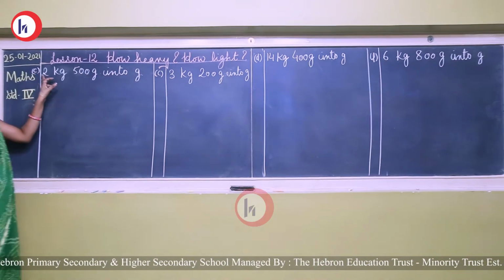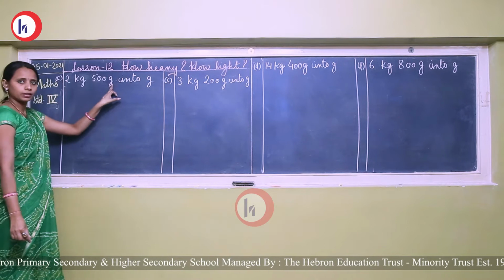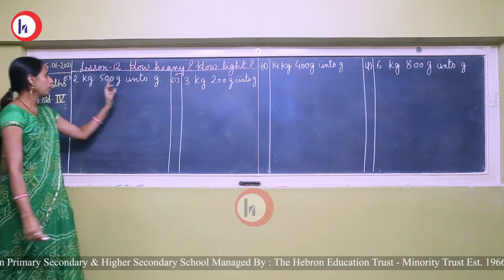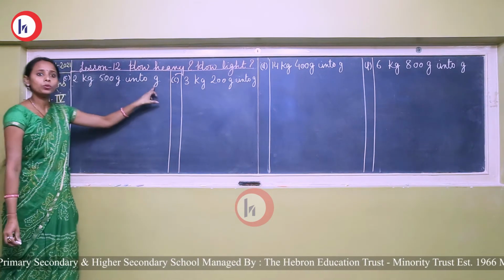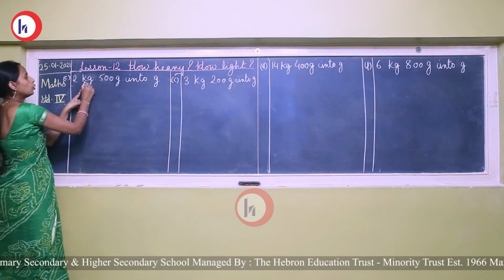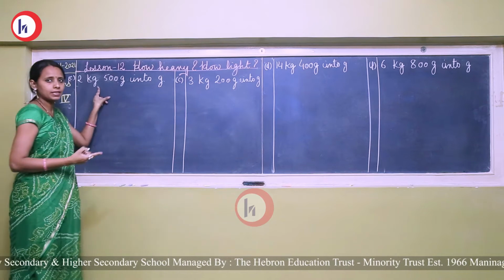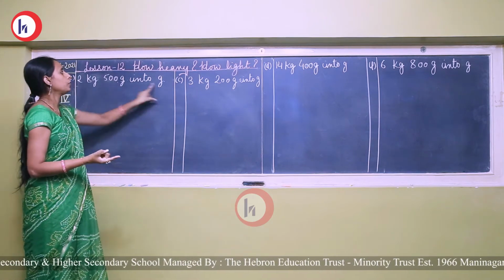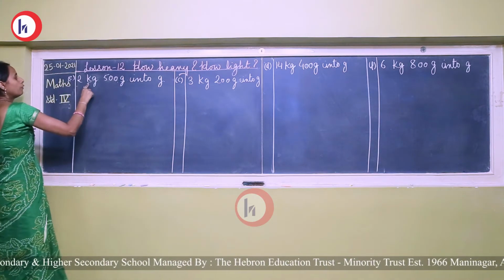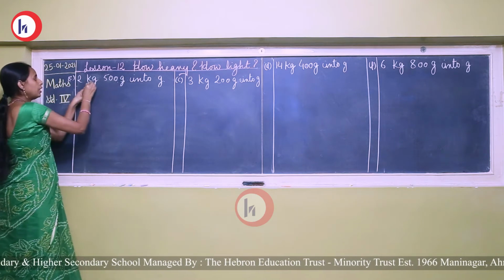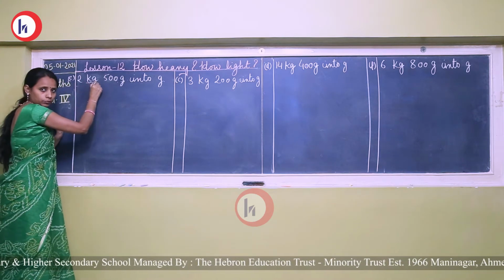Next question. See, 2 kilogram 500 gram into gram. So here we have to convert kilogram into gram. But one more thing, here 2 units are given, that means kilogram and gram, both units are given and we have to convert into gram. So here we have to remind one thing, we have to convert only kilogram into gram.